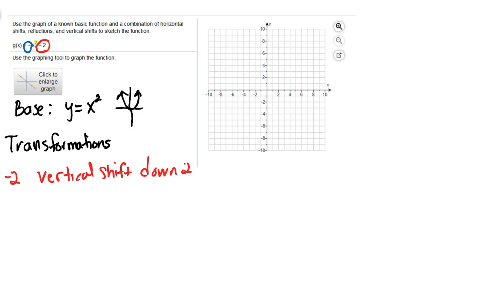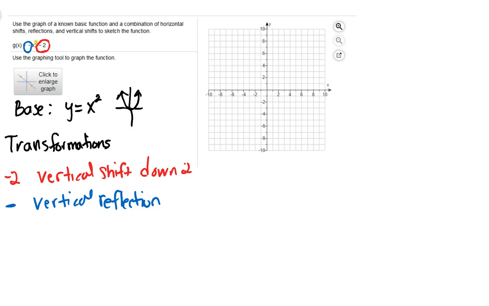Let's talk about the other transformation, which is that negative. That negative is a vertical reflection. So I know it's a reflection because of the negative. Anytime you have a negative multiplied onto your function, it's going to be a reflection. And then just like I talked about in the shift, the location of that negative makes a difference of whether it's vertical or horizontal.